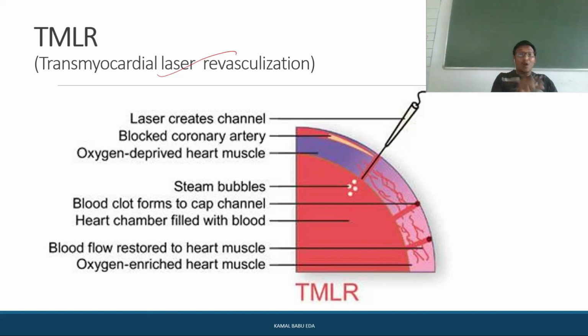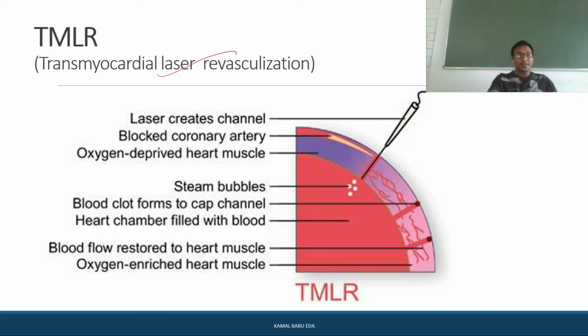The oxygen-rich blood enters the new channels and supplies blood to the oxygen-deprived muscle, so revascularization occurs again. They don't know exactly how transmyocardial laser works, but they believe it helps in angiogenesis, the new formation of blood vessels. So this is how TMLR is done.